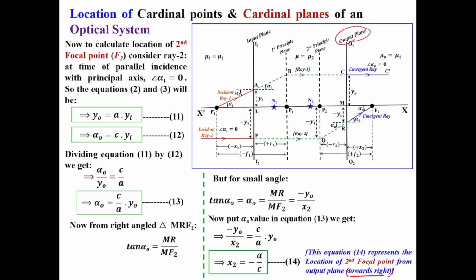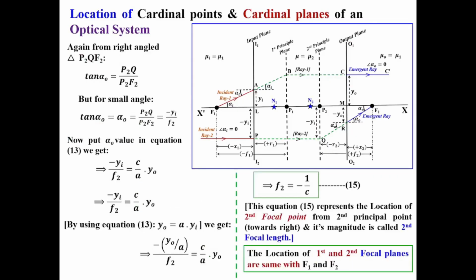But actually if we consider any arbitrary optical system, then this x2 value may be positive, may be negative. If a positive value came, then we have to consider towards right from the output plane. If a negative value came, then we have to consider towards left from this output plane. Okay, next we are going to move to the next slide.